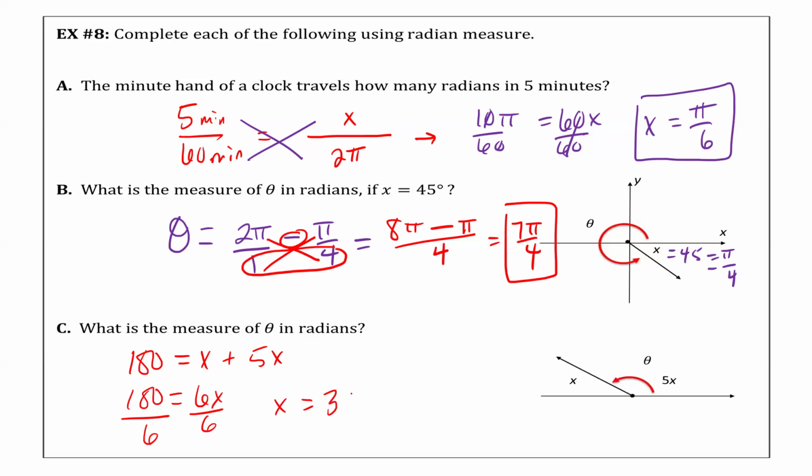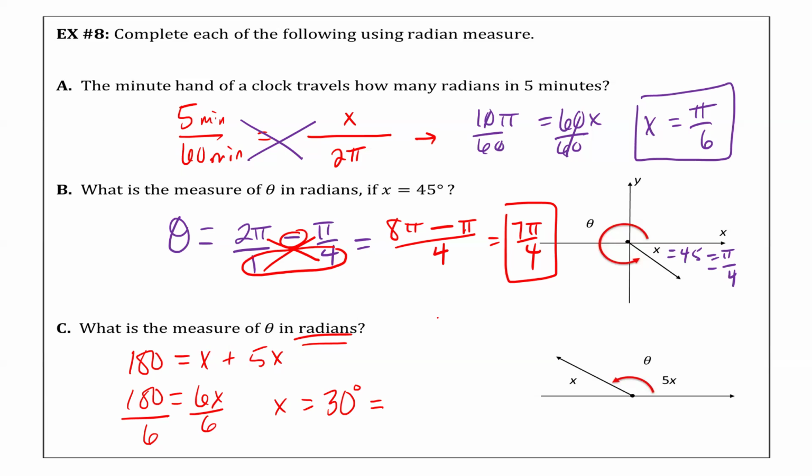30. So we know that x equals 30, and it wants it in radian form. So we would have to figure out what 30 degrees is in radians. Just do it the easiest way: flip your paper over.